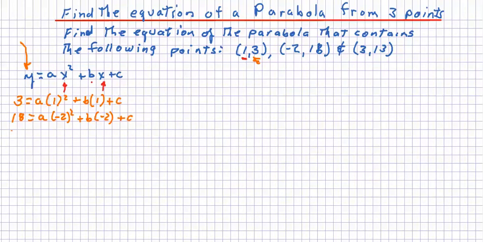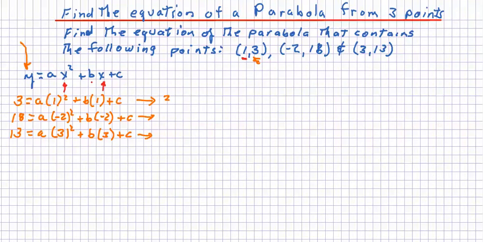And lastly, 13 equals a times 3 squared plus b times 3 plus c. We make that substitution. Now we're just going to clean this up, and we are going to work from left to right. Always work from left to right.